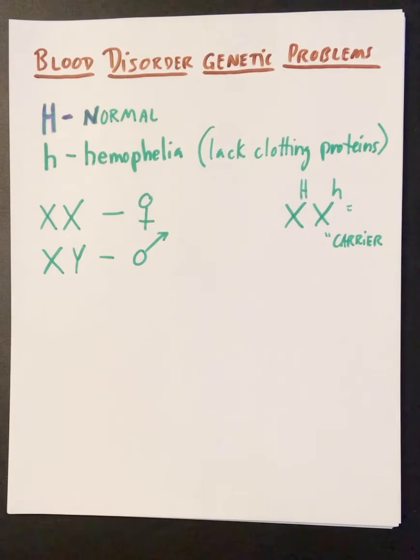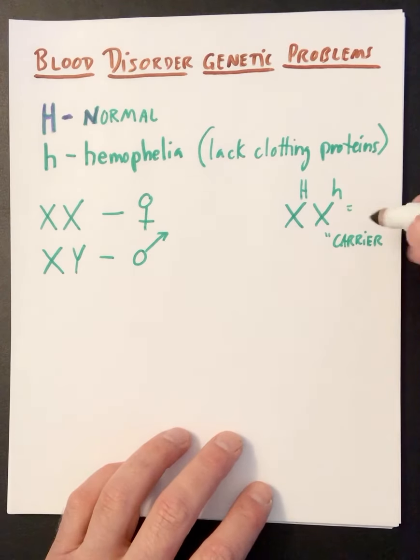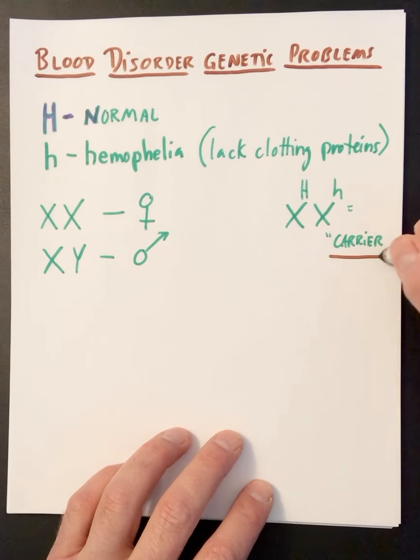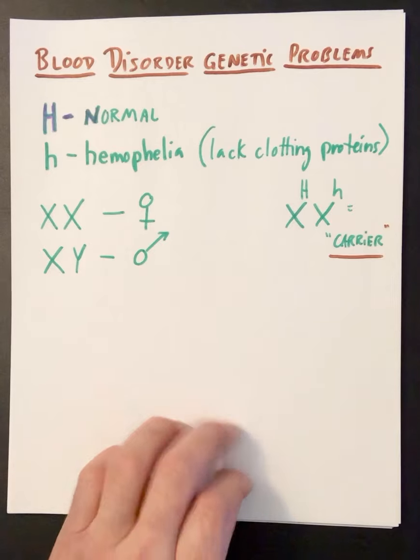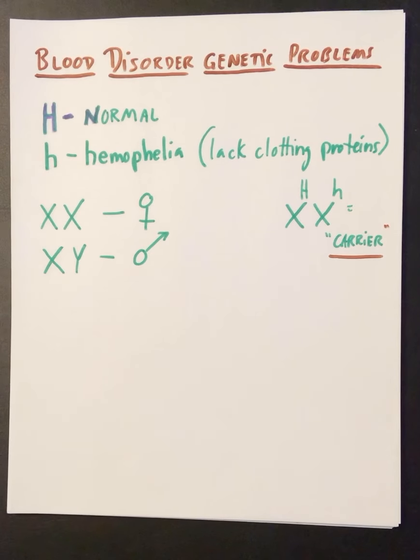A little review, if you remember, XX is going to be female, XY is male. And another condition to remember is this thing we call a carrier. A carrier in blood diseases, in this case, is a female only, where she has the normal gene and the hemophilia gene.